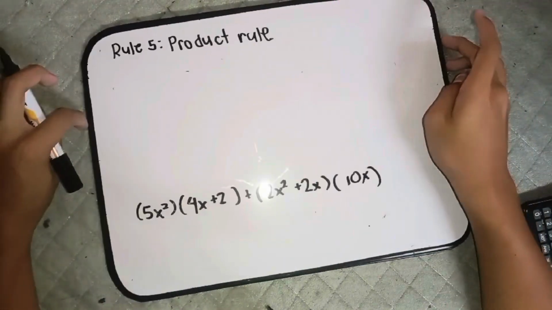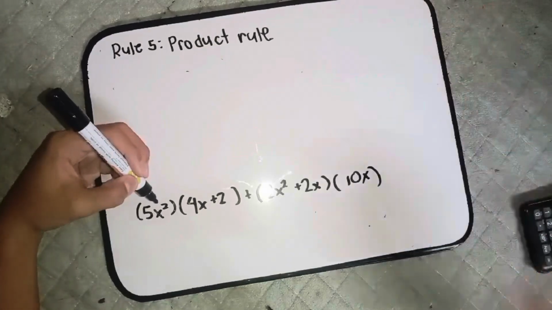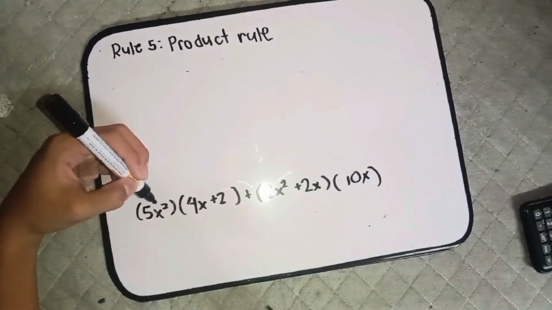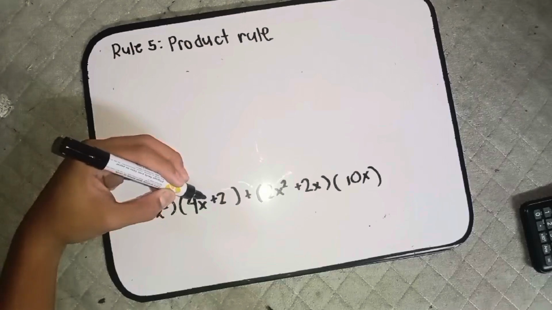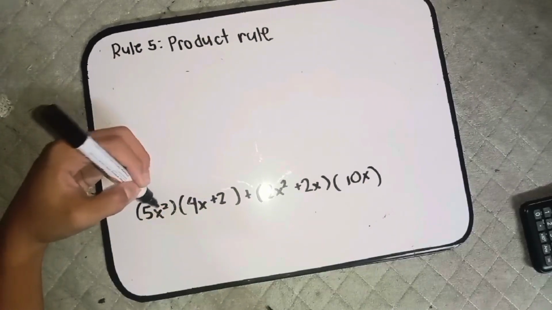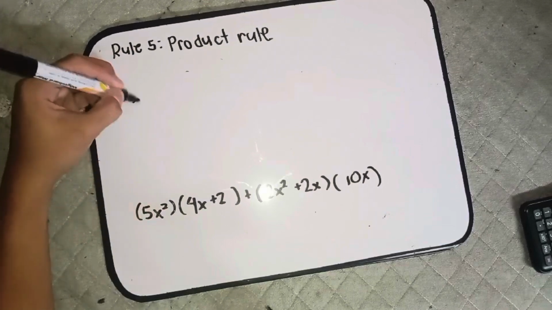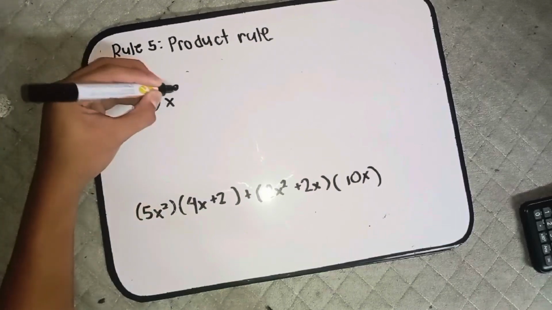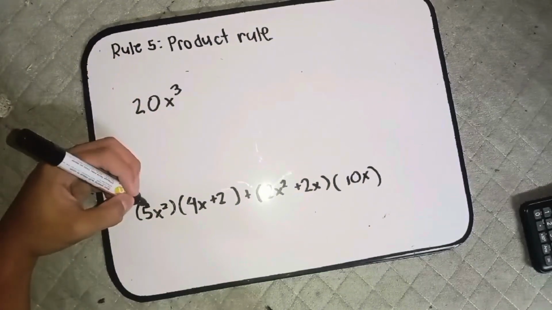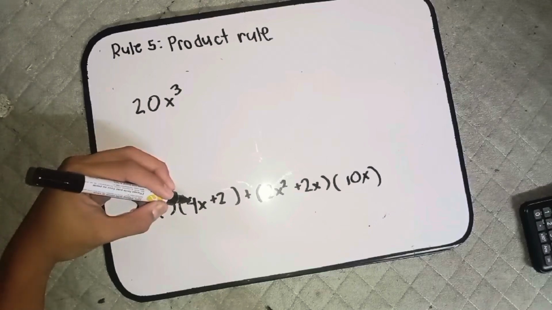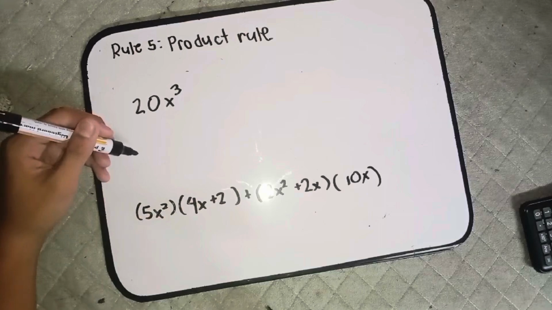Now, the first step is distributing the first variable to the second. 5x raised to 2 times the derivative of g of x is equal to 20x raised to 3. All we have to do is multiply the whole number by the other whole number on the other side and add their exponents.